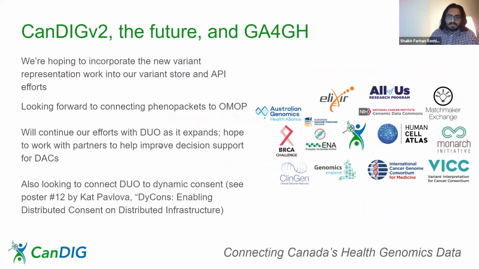And in conclusion, we're hoping to incorporate new variant representation to our variant store, as well as expand our efforts in the use of DUO and Phenopackets, and moreover to broaden the genomics data sets and connect them with the clinical and phenotypic data.